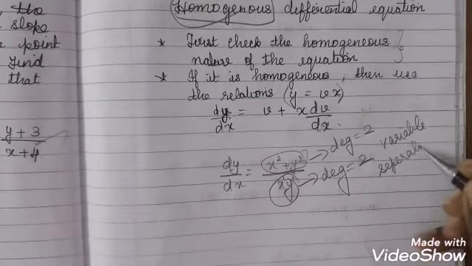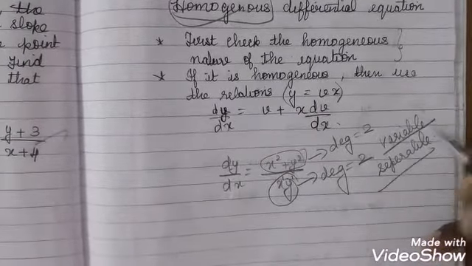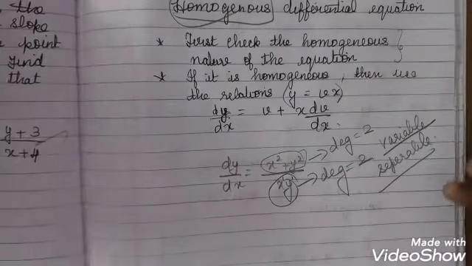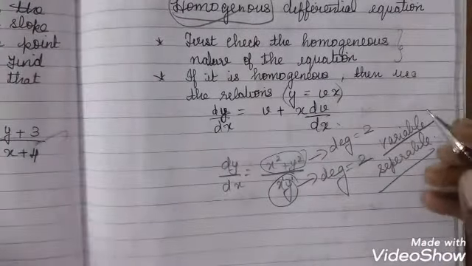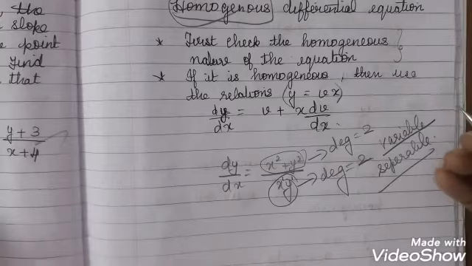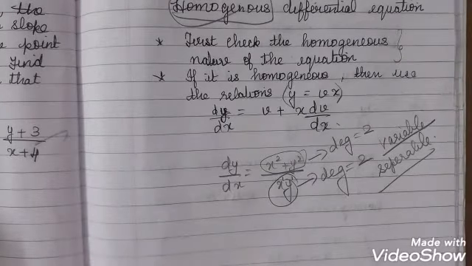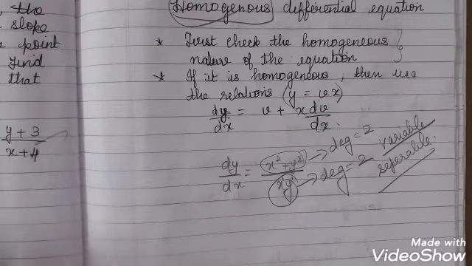Here I'll have to just separate the variables and then find the solution of this differential equation. So this is how you solve a differential equation if it is homogeneous in nature. Now we'll go over to the exercise.